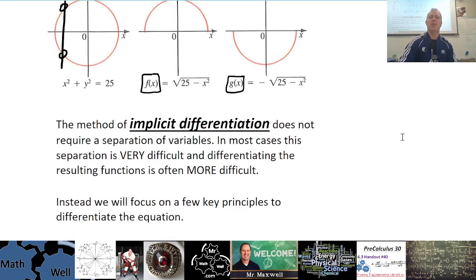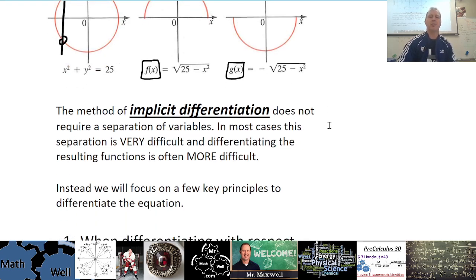So there must be another method to avoid having to separate the variables, and that is what we're studying today, implicit differentiation. So if you're jotting down some notes here, implicit differentiation does not require a separation of variables, okay? And that's because in most cases it's very difficult to do that, and it's even more difficult to differentiate.